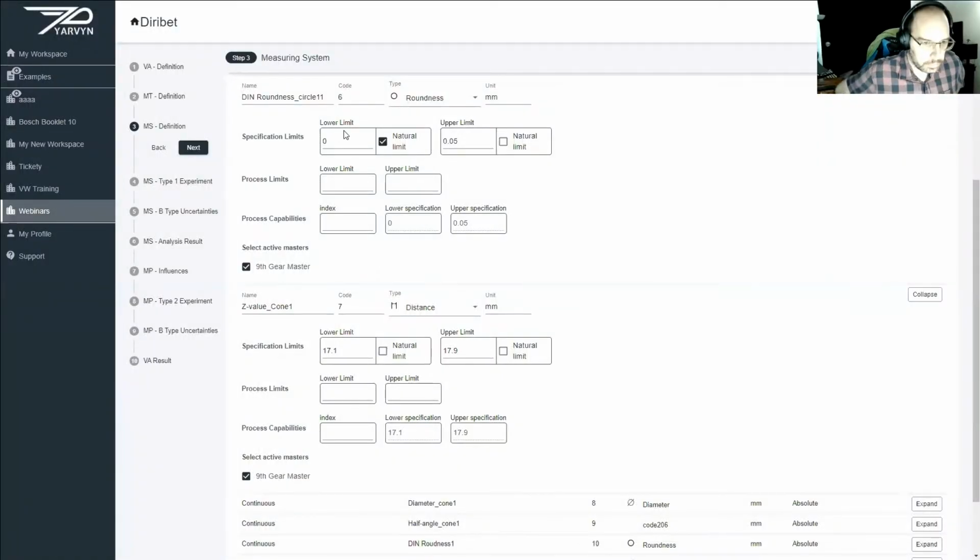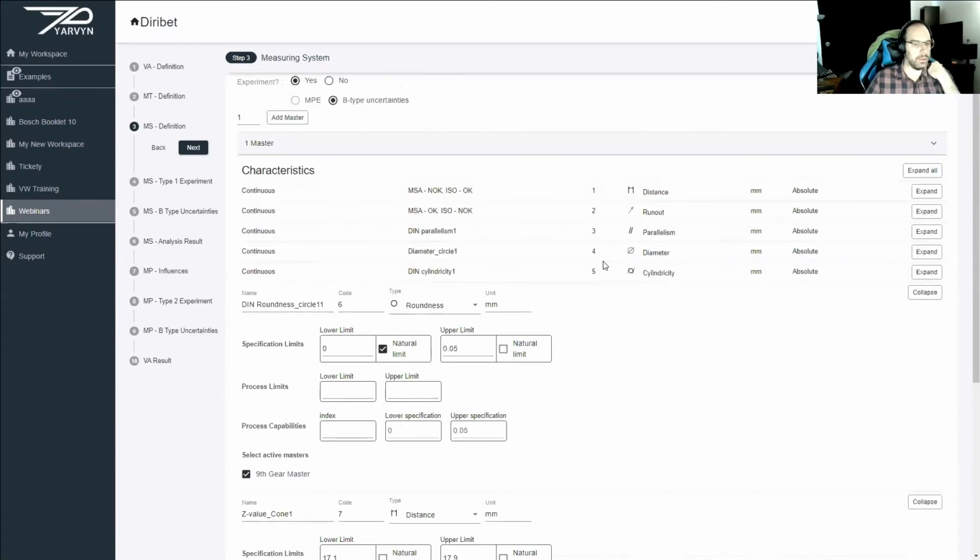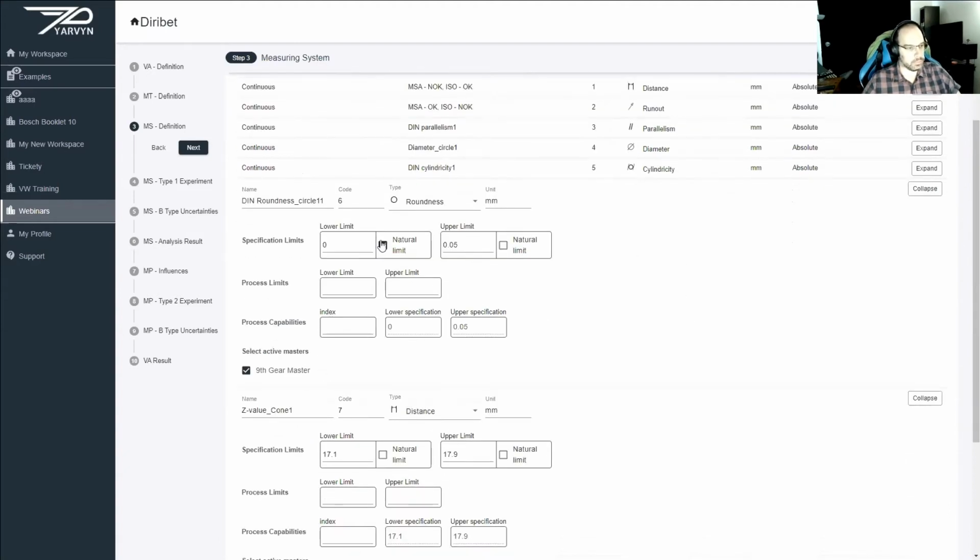Good morning, everybody. For this showcase, I have prepared an example with standard quantities of positioning and geometric quantities. We have runouts, parallelism, diameters, and so on. We have all the necessary information we need for the evaluation. We have specification limits, we have some master for the evaluation, and we can go to the results.